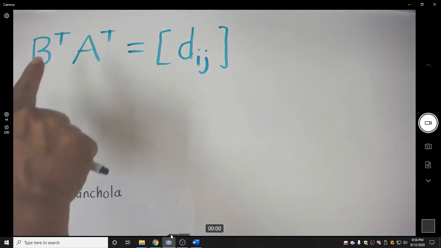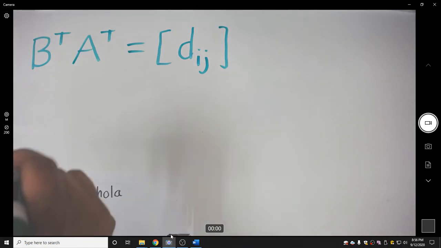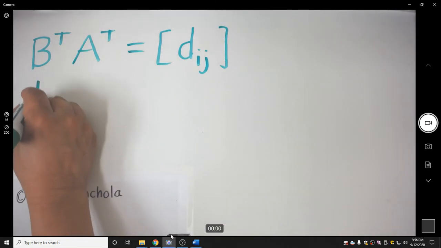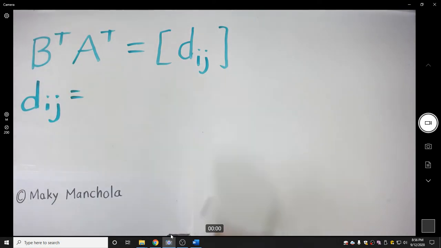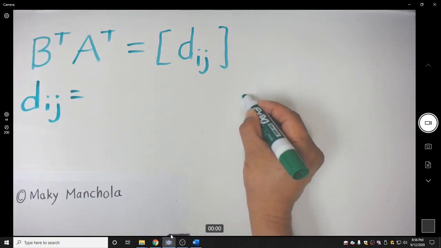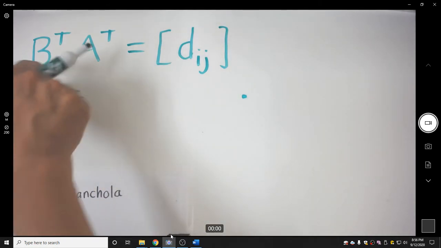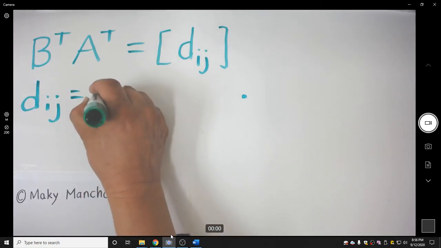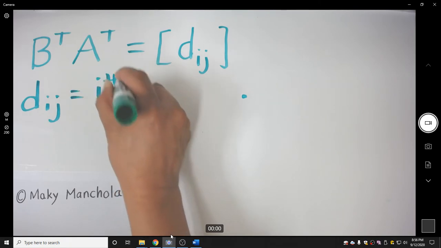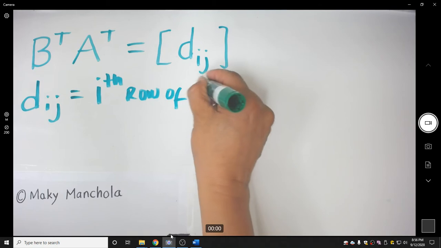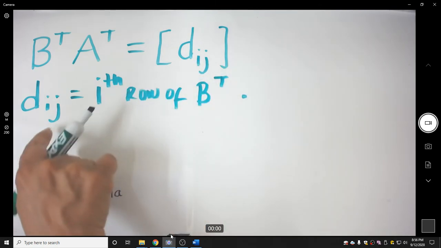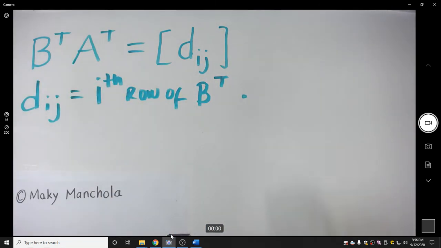Now, by definition of multiplication, Dij is simply the dot product of the ith row of B transpose and the jth column of A transpose.